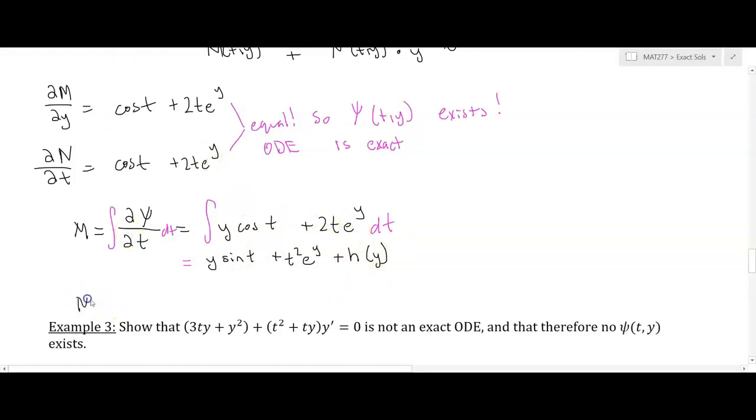Now, N, we now know, is the derivative of psi with respect to y. So if I integrate it, I should be a little bit careful here about my notation.